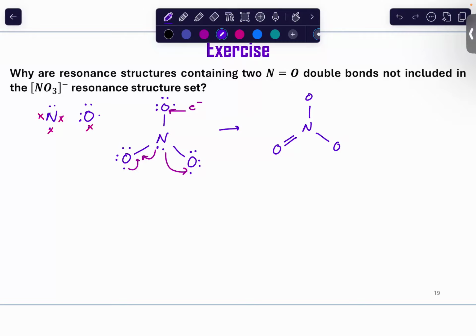Well, we can do it this way. This oxygen itself is negative. So I'm not going to redraw all of the lone pairs, but this is going to be our first structure.